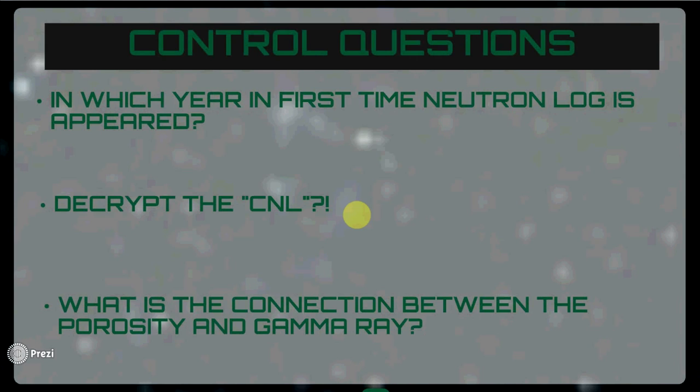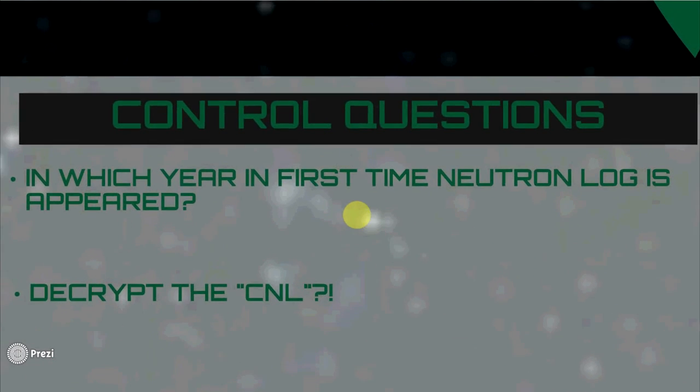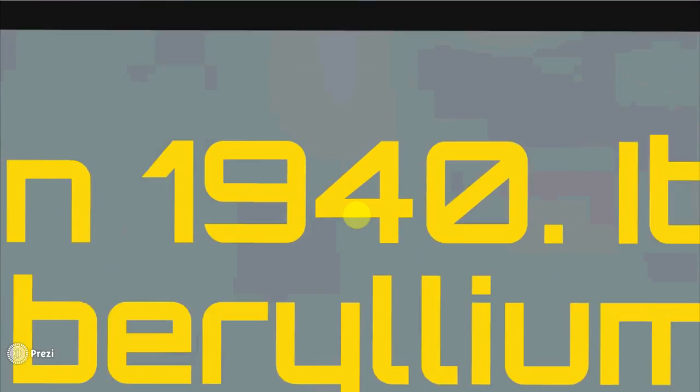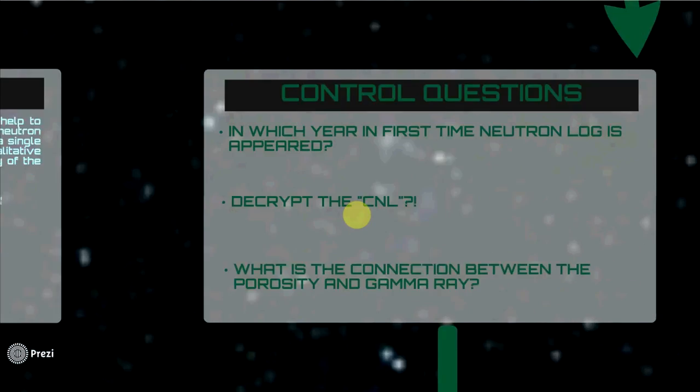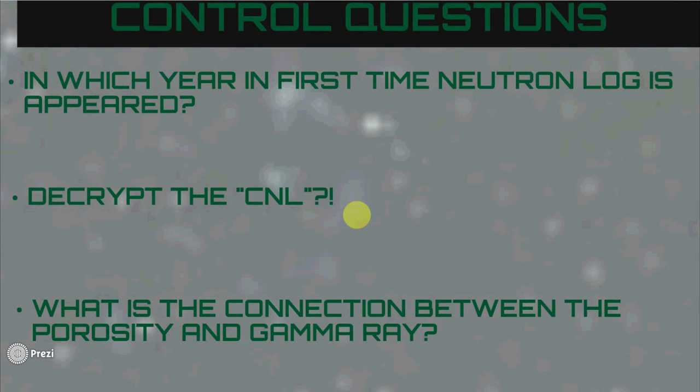And to sum up our presentation, we prepared some questions for you. If you have been attentive enough, you can easily answer our questions. First: in which year did neutron logs first appear? They first appeared in 1940. Decrypt the CNL.